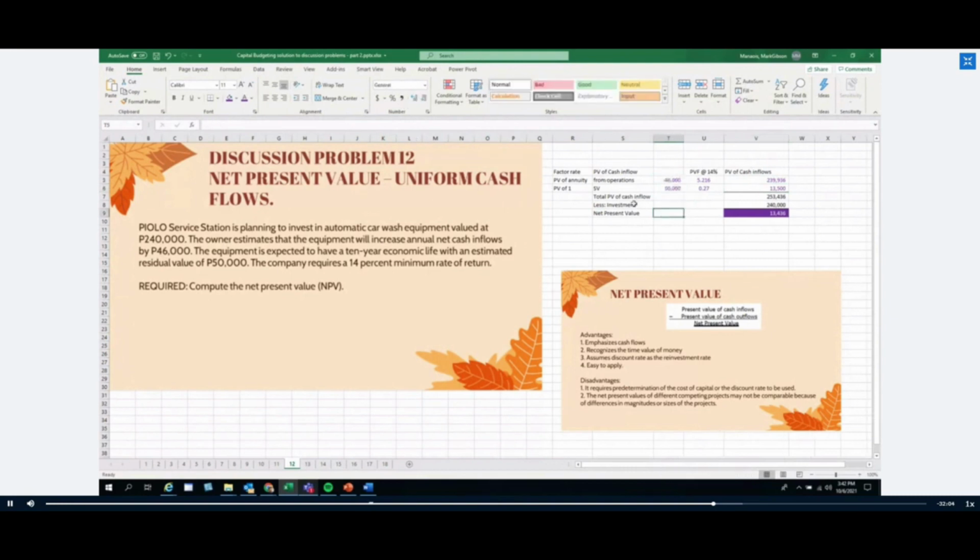Total present value of cash inflow is 253,436 less the investment. Of course, investment is 240,000. Net present value is 13,436. So this is how simple to calculate net present value provided that the cash inflows is uniform, no?